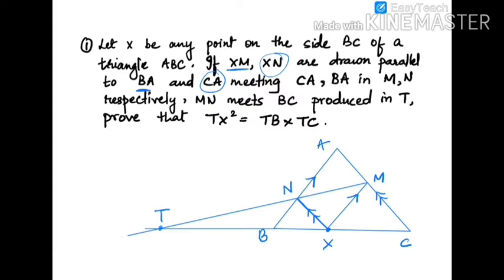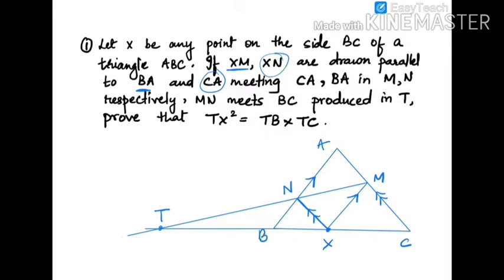Now to develop the steps for the solution of this question, we have to look at what we must prove: TX square is equal to TB into TC. TX is a part of side TC of triangle TMC.